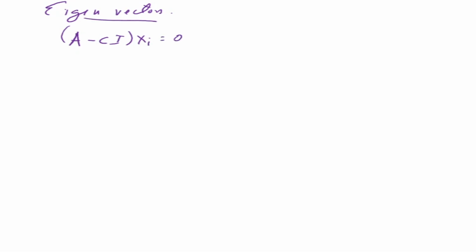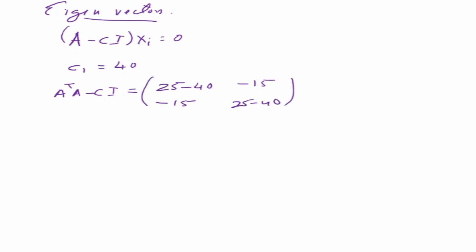So for C1 equal to 40, we find A transpose A minus C times I, which is 25 minus 40, minus 15, minus 15, and 25 minus 40. So this comes out as minus 15, minus 15, minus 15, minus 15, times x1 x2 equal to 0.